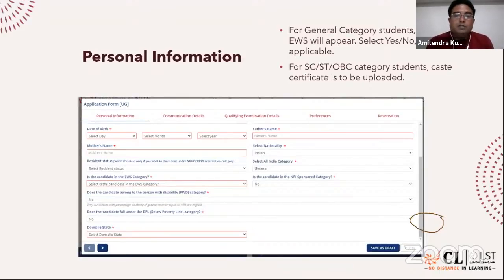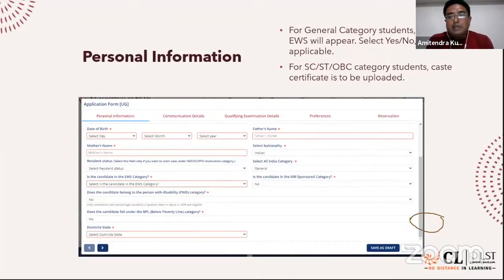They have almost 50% of seats reserved for the students belonging to their state. So it becomes really, really important as far as domicile state is concerned. Now, you must have your document in place. It can't be like you just go and randomly fill anything out here.